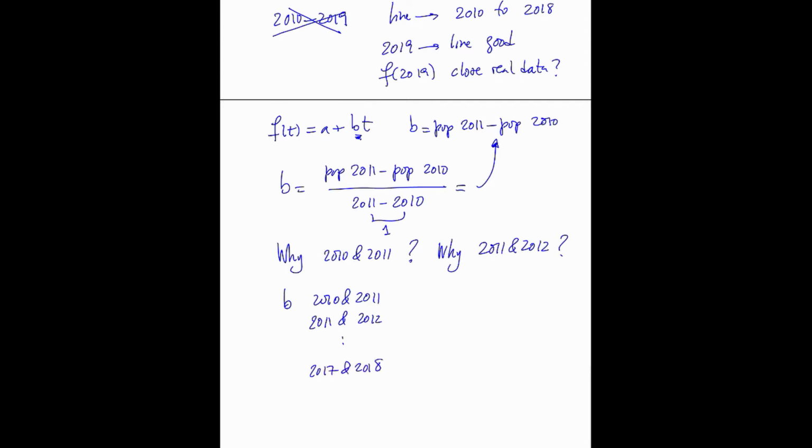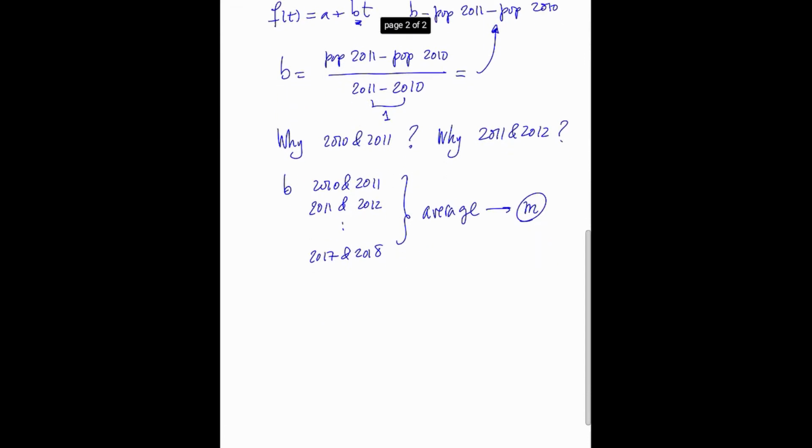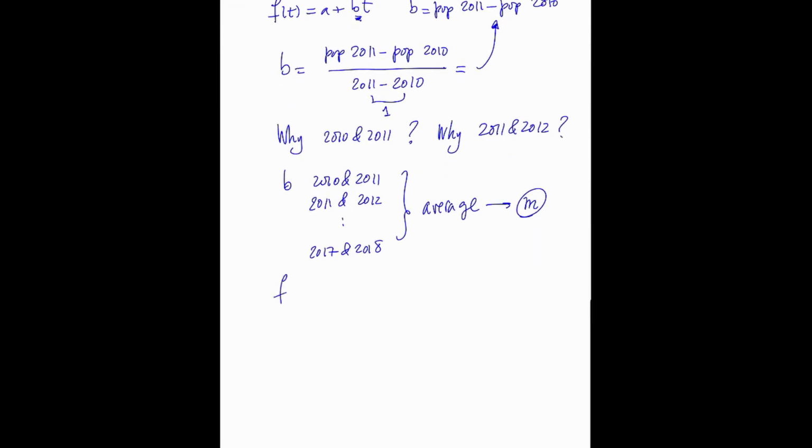Remember, 2019 we are not using; we are going to use it to check. Then we take the average of those slopes. That way, we get one slope. I'm going to call it m to differentiate it from the b we have used till now. And we have our line, f of t equals a plus m times t.